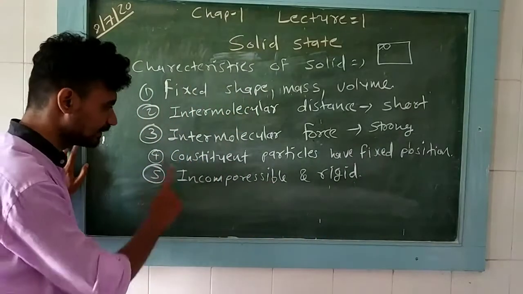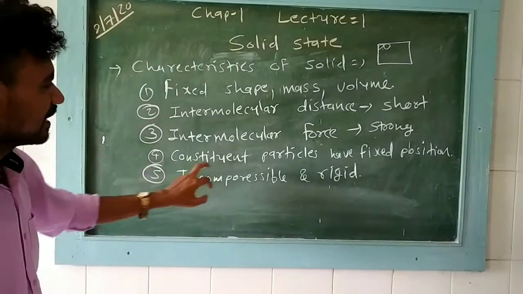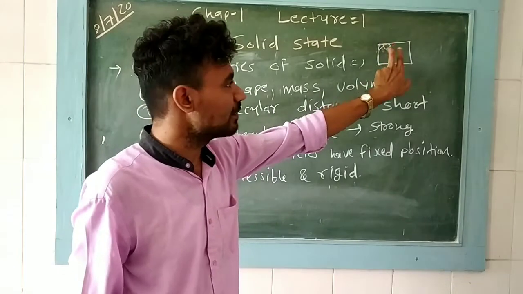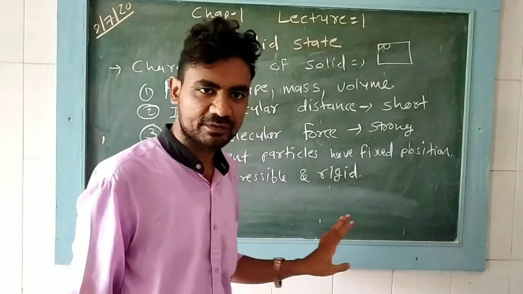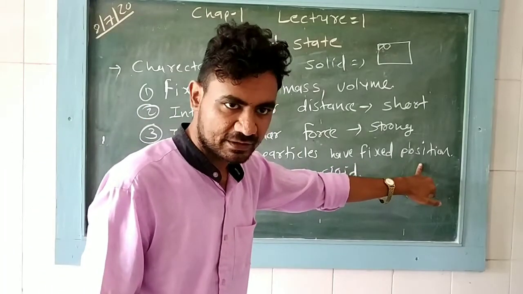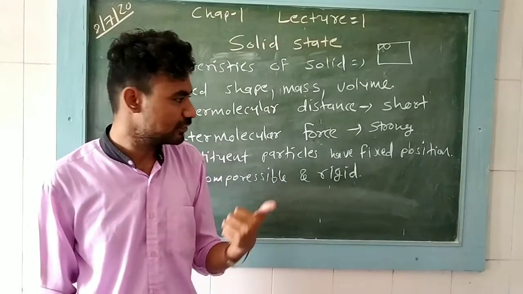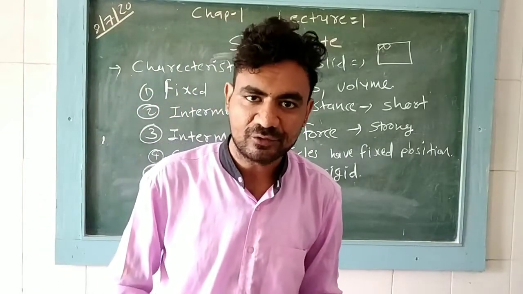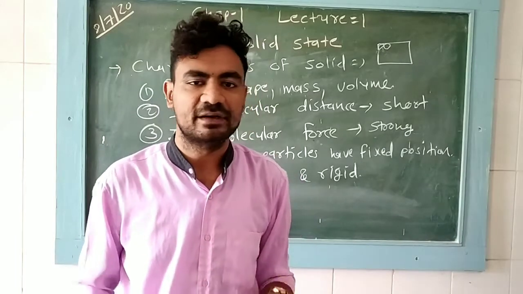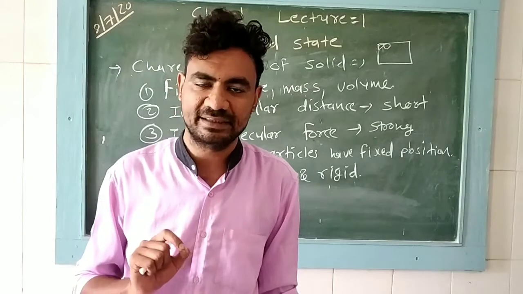Now the fourth point, constituent particles have fixed position. Means I have drawn two particles, like that a number of particles will be there in solid. Those particles have fixed position in case of solid. But in case of gas, if I try to fill up some room with some gas, the whole room will be consumed by that gas.